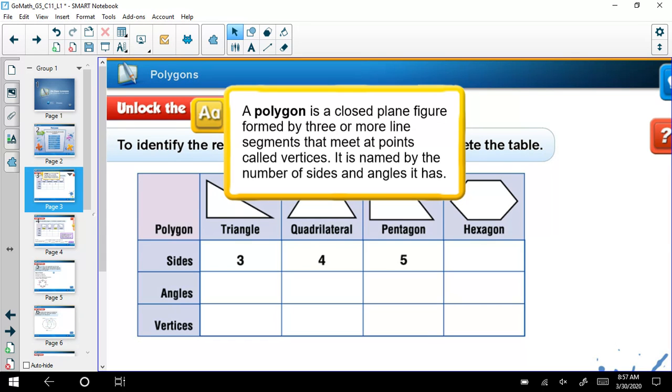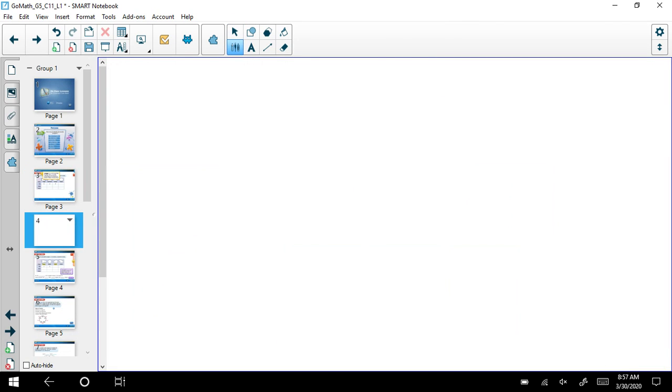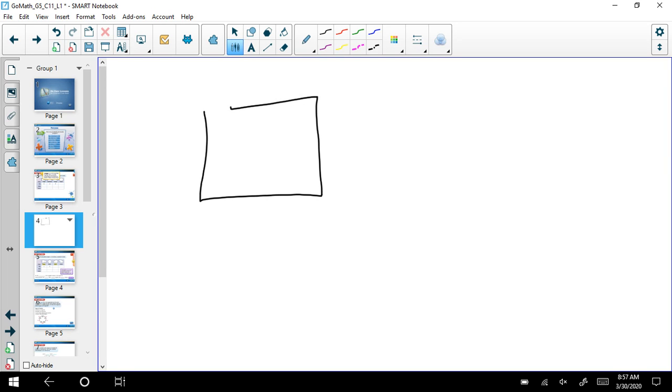A closed plane figure. So what that means is that a polygon is closed. So if we were to draw a picture here, and this picture looked like this, you can see that right here we don't have a closed figure because not all of the sides meet at vertices. So in order to draw a closed figure, we need to make sure that we connect all of those line segments.